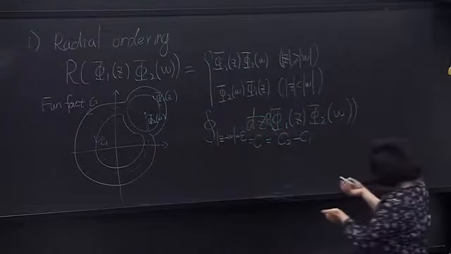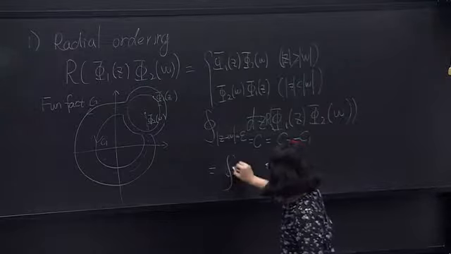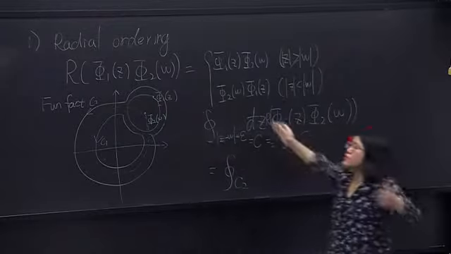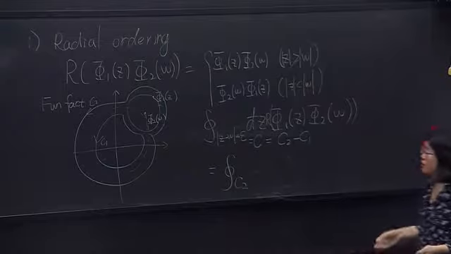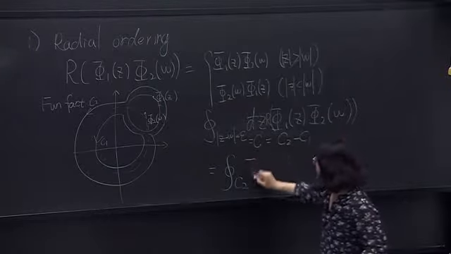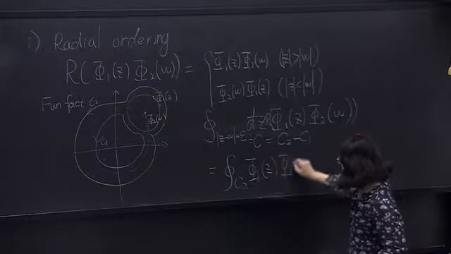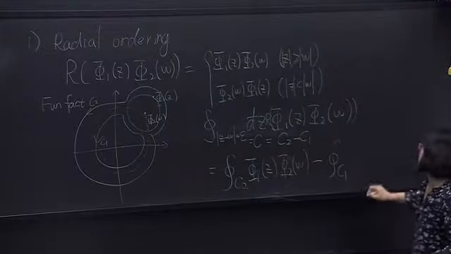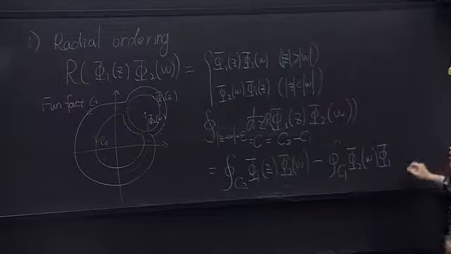Along contour C2, it's completely outside the orange thing, so the radial order is clear: Z is bigger than W. And on the other contour C1, it's also clear W is always bigger than Z, in the modulus sense.